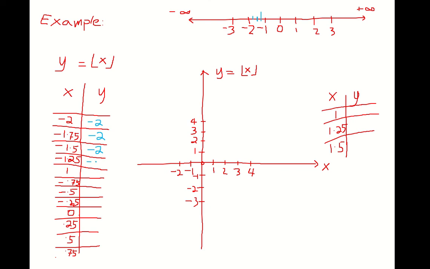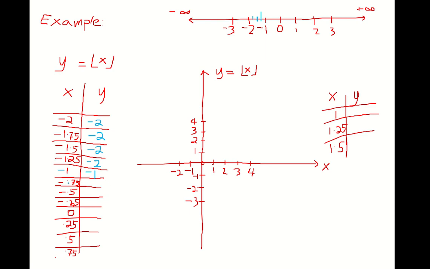So the greatest integer function of negative 1.25 is also negative 2. How about negative 1? For negative 1, the greatest integer function is also negative 1.